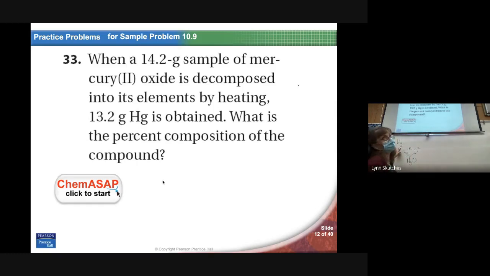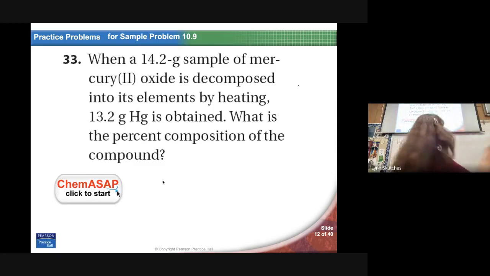I think that's why the book threw that in there: one, because most people don't remember what mercury is, but also because at the atomic level it's in the same proportion, 1:1. Mass wise, it's hugely different. That's how we know mercury has a big atom, right? So we know that the compound has mercury and oxygen, and it's 14.2 grams.